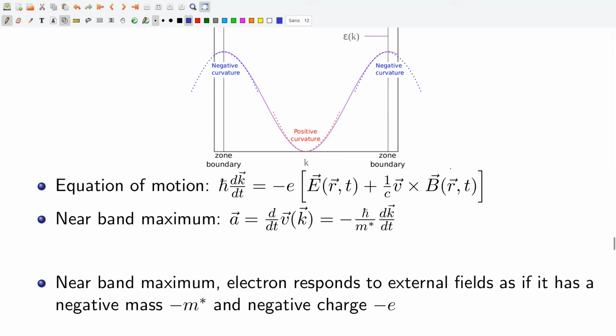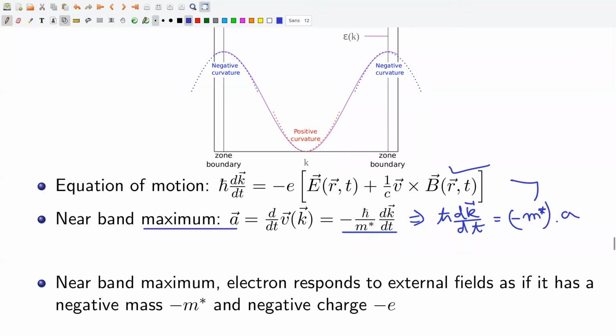This is the semi-classical equation of motion. We have found that near the band maximum, the acceleration can be written as this. And we can rewrite this as h bar dk/dt is equal to minus m star times a.